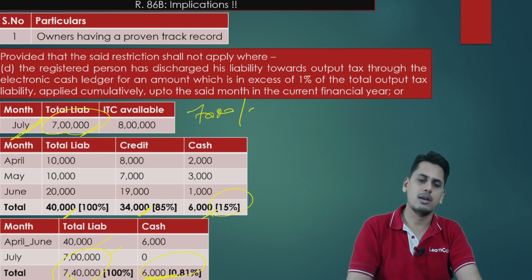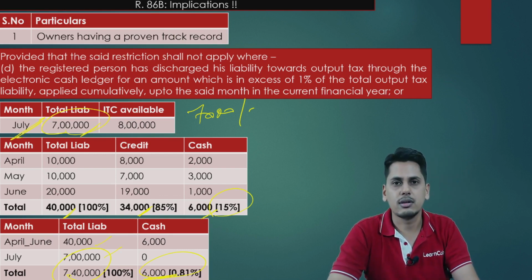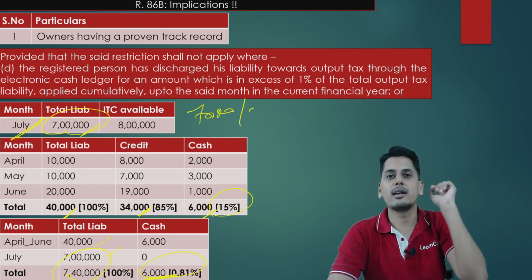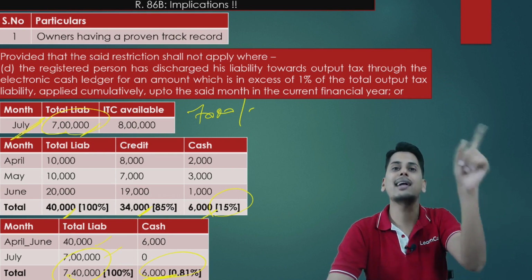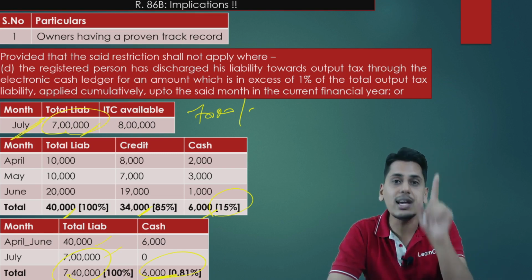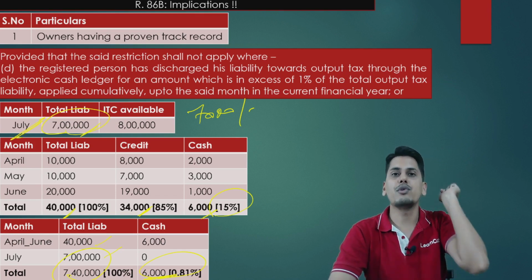So therefore, I have already paid 6,000. It is sufficient if I pay 1,400 more. From my electronic cash ledger, for the tax period July, it is sufficient if I am paying 1,400 more.